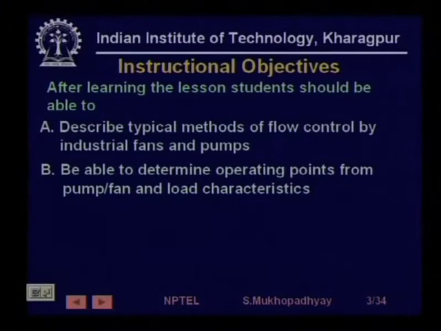So, we are going to see that in such applications how flow is to be controlled, and then we are also going to see that flow is typically controlled by driving a pump by a motor, but if you drive a pump by a motor, then it will drive a certain amount of air, let us say.